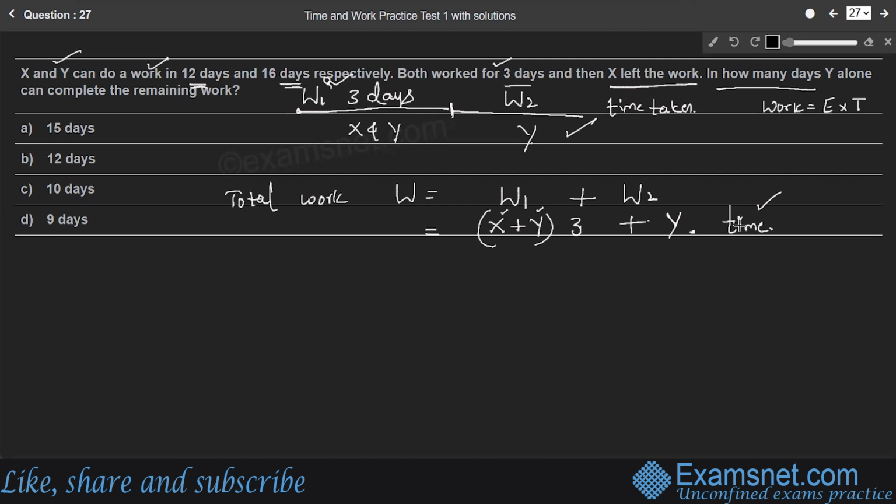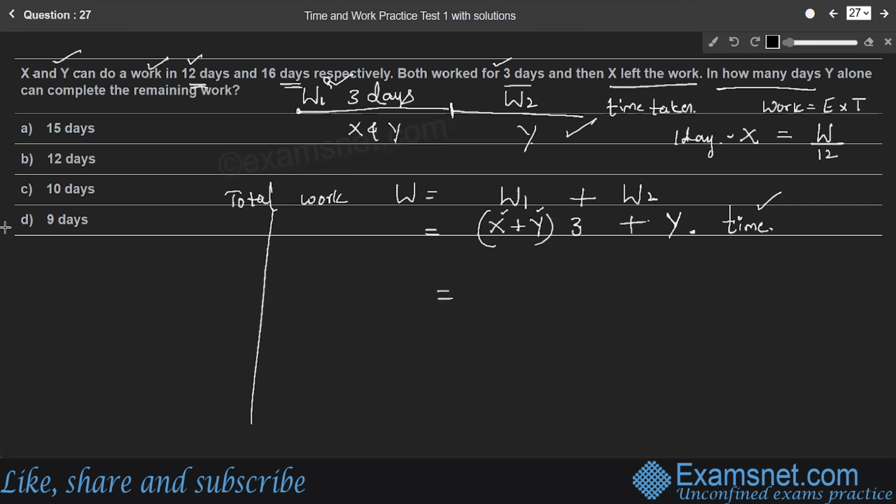So what is X? 1 day work of X. It is given that X and Y can do a work in 12 days and 16 days respectively. So if X is the efficiency or 1 day work of X, then X is equal to total work W by time taken by X, which is 12 days.